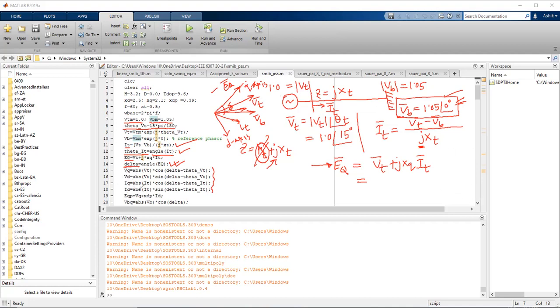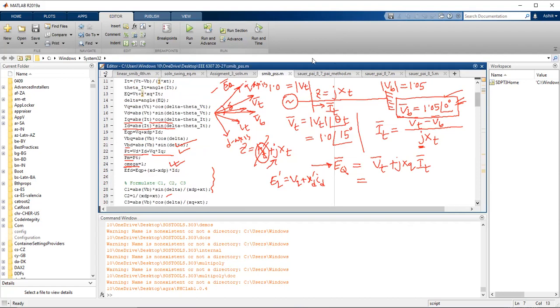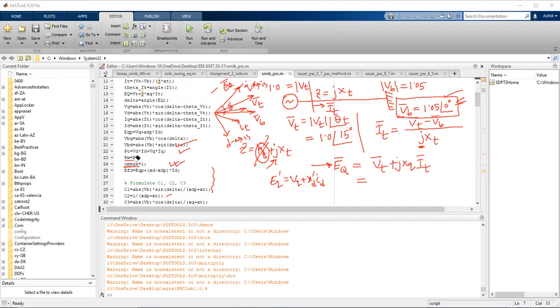And then you have EQ prime. This is your third state, EQ prime or EQ dash, and this is VQ plus XD dash ID. This is done here in line number 19. Once that is done, you also know the initial value for EQ dash, the third state variable.